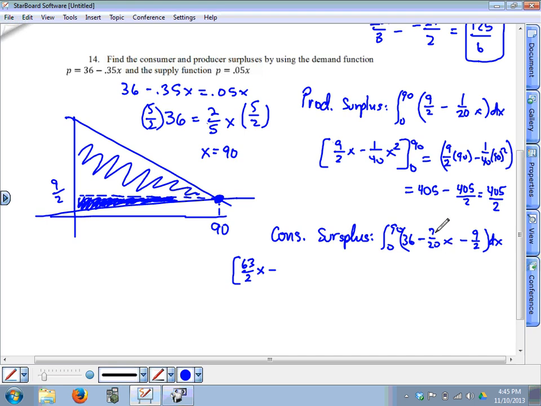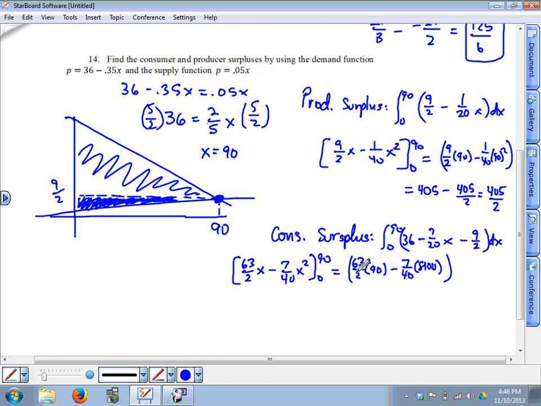So the integral of 7/20ths x is 7/40ths x squared, and that's going to be evaluated between 0 and 90. So this antiderivative evaluated at 90 is 63 halves times 90 minus 7/40ths times 90 squared, which is 8100. And then we would subtract the antiderivative evaluated at 0, but that's just going to be 0.